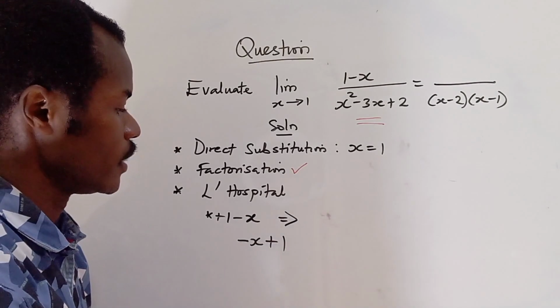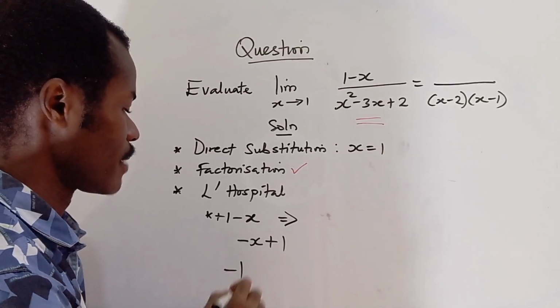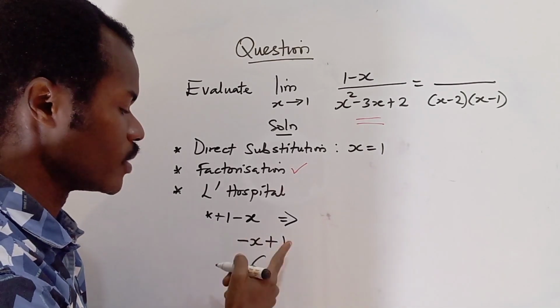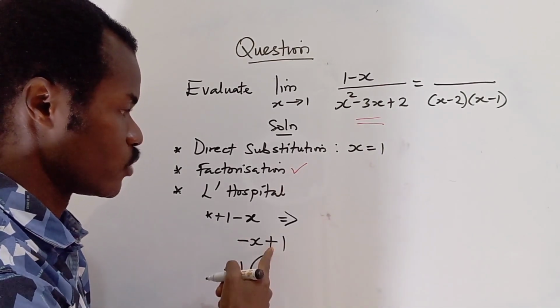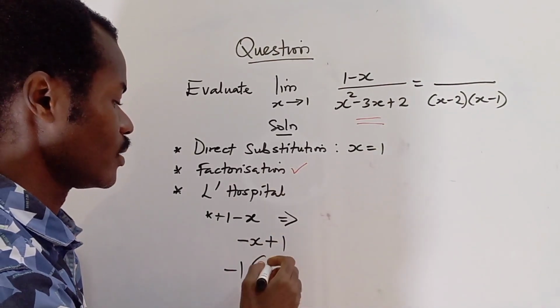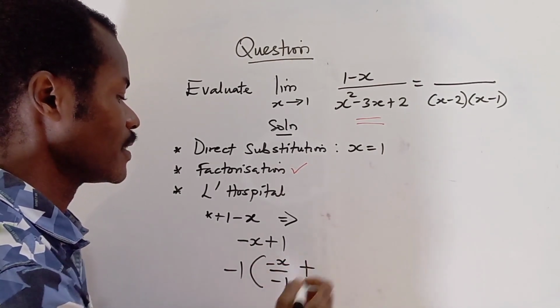So all I need to do is, I can observe that I can bring out minus 1. If I open this bracket, this is going to change to what? Minus. But let's use minus 1 to divide this and this. So I have minus x divide minus 1, so we have plus at the middle.